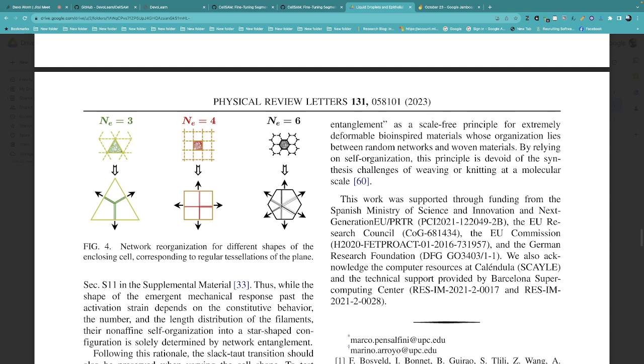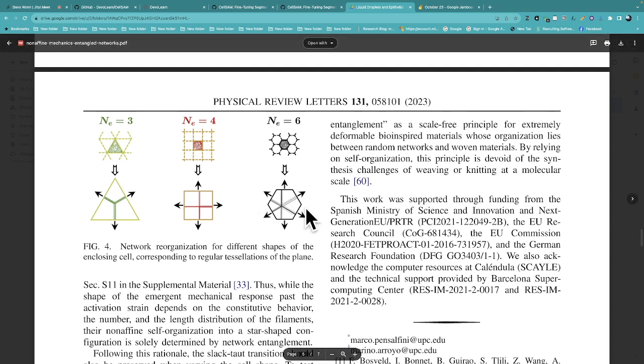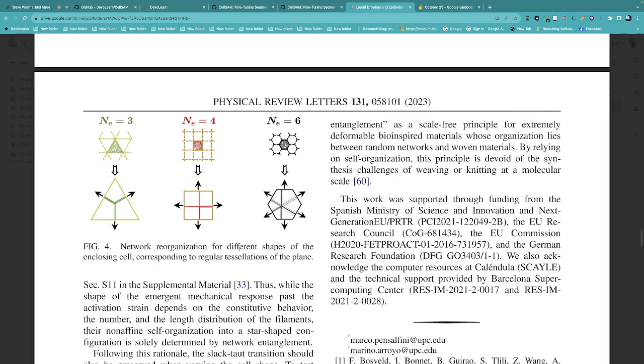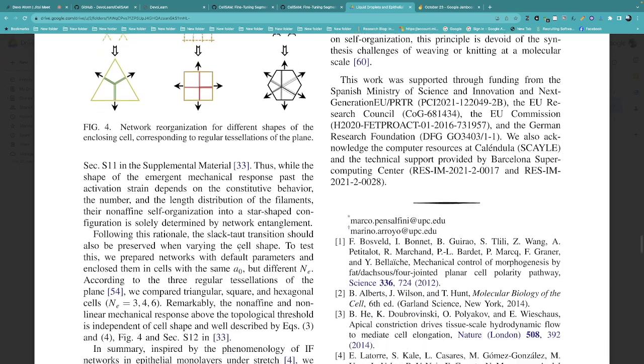So on the hexagon, they're organized in a way that's not quite central to the middle of each edge, but this is like the optimal network reorganization pattern. So that's what they show there.